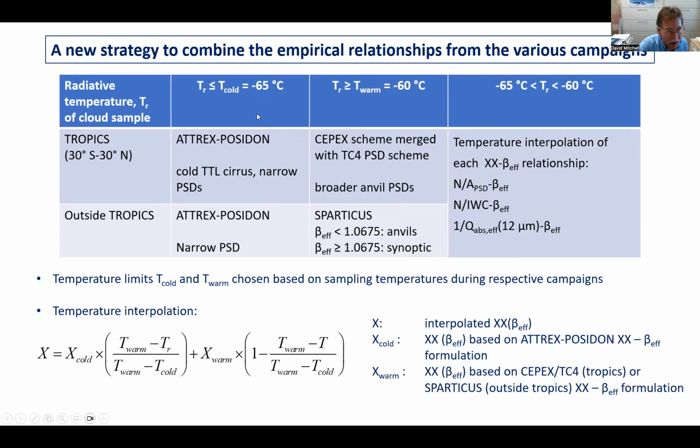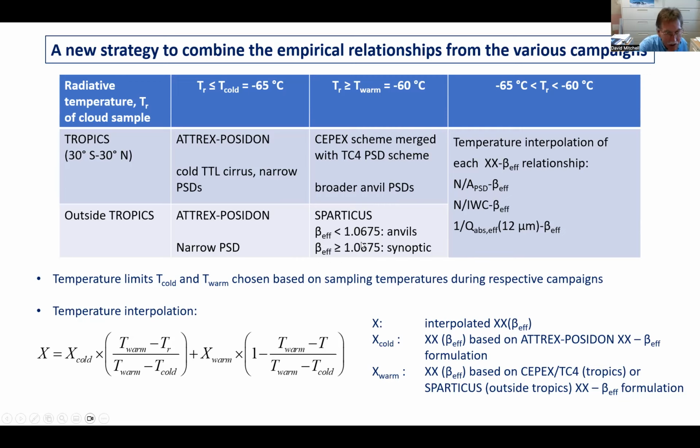On the top, less than or equal to minus 65 is the TTL cirrus, and warmer than that is the anvil cirrus that the CPEX data was used for. And the TC4 is for these 3 different relationships shown here.